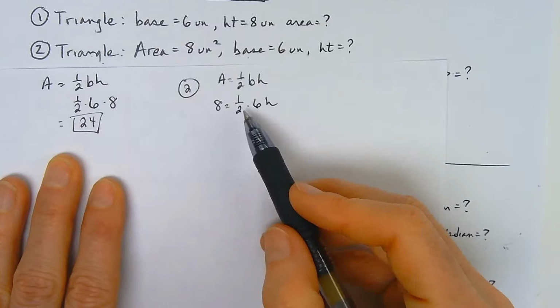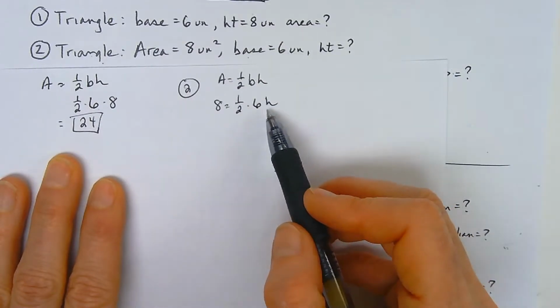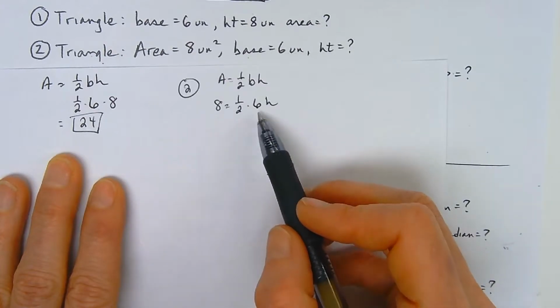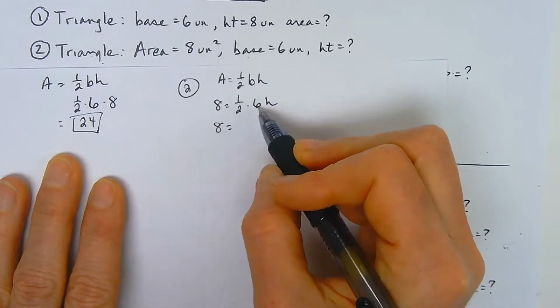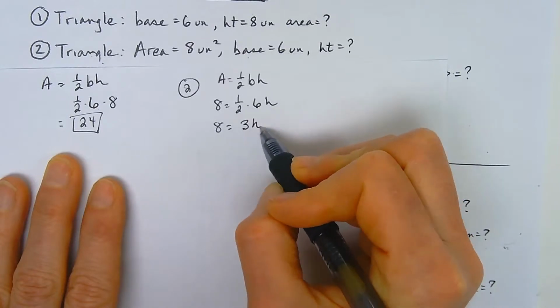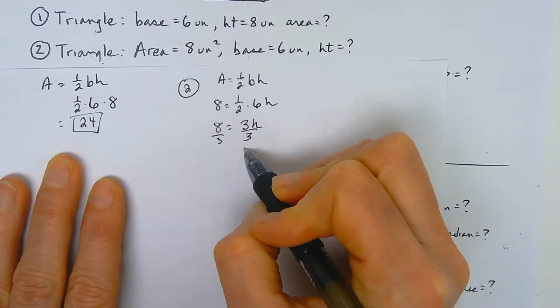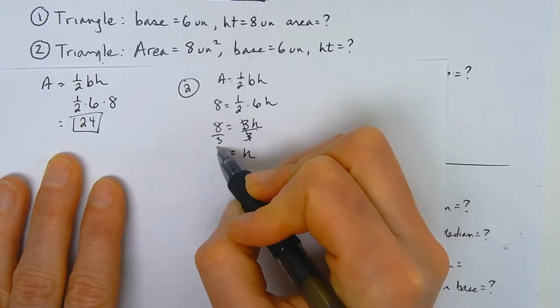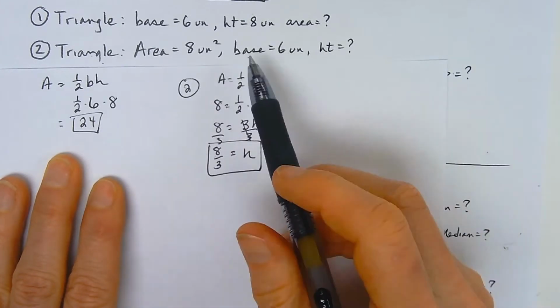So that's what we've been given. Now we can ask ourselves, what is the height if the area is 8 and the base is 6? Well, let's simplify this a bit. 1/2 of 6 is 3. Now we solve for h by dividing both sides by 3. H equals 8/3. And that would be the height for number 2.